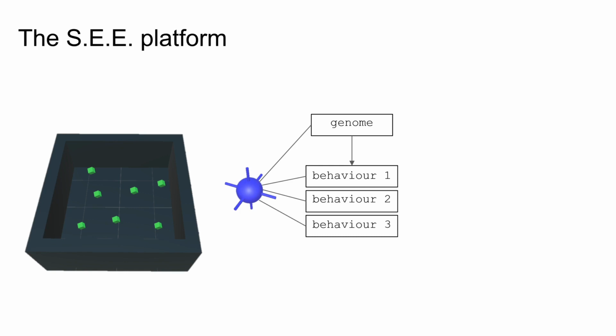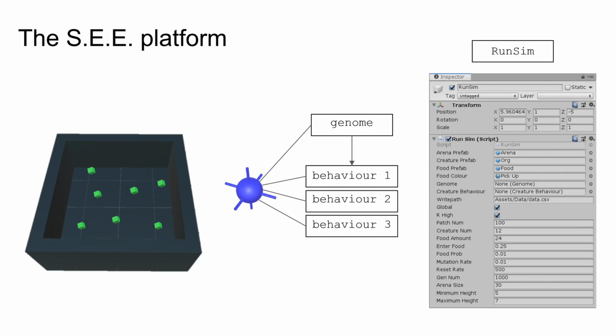Finally, there's a single script which contains all the general parameters for a simulation run. These will be able to be inputted through the GUI, which is still under construction, but for now we can easily interact with them through the Unity editor. As you can see, we can set things like the number of patches, the number of creatures in each patch, the mutation rate, as well as things like scale of competition and relatedness.